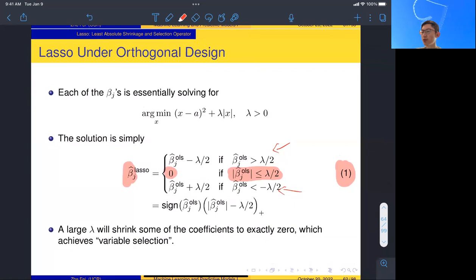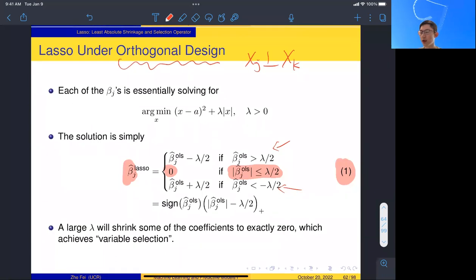But also one thing to point out is that this is an illustration example under orthogonal design, meaning that all of our x variables are independent, they are not correlated. A simple case, but for illustration.